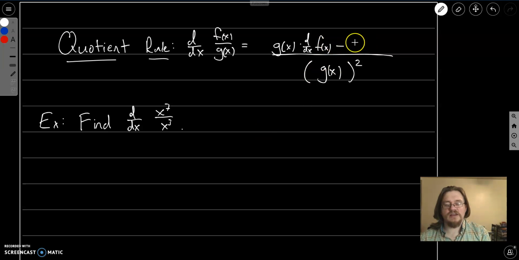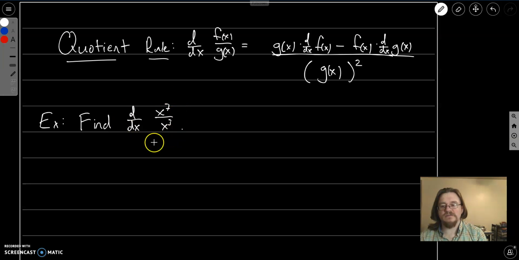And we're going to subtract the top of the fraction times the derivative of the bottom. So we've got g times the derivative of f minus f times the derivative of g, all divided by the bottom squared.